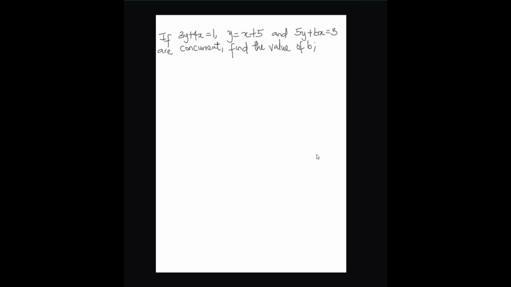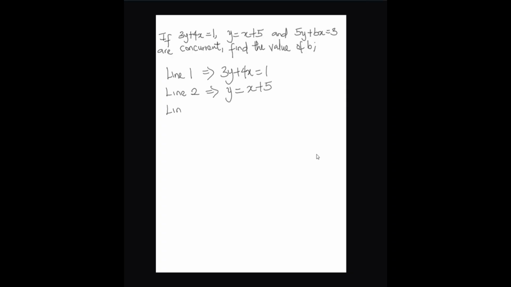So let's write what we were given, like I would always say. Line 1 is simply 3y + 4x = 1. My line 2 is simply y = x + 5.